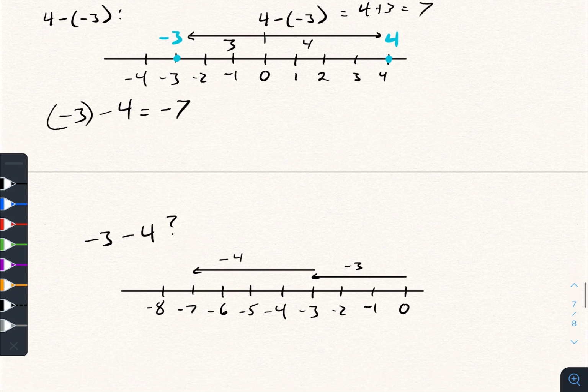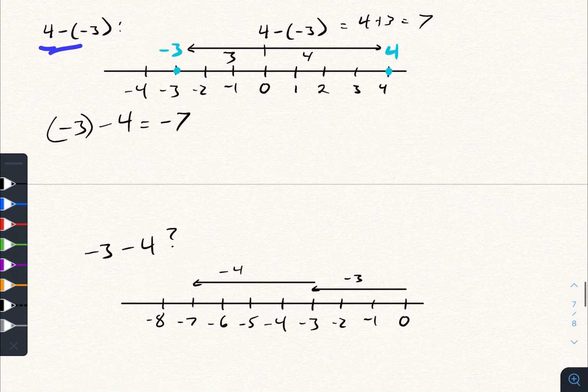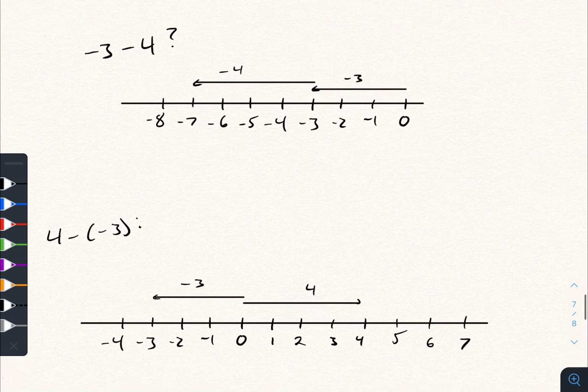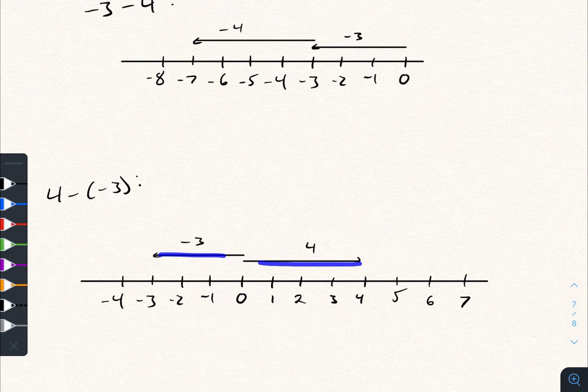And so how can we use the arrow approach for something like 4 minus -3, like our original problem here? So 4 minus -3, so here's -3, here's +4. What we want to do is start with +4, and then add the opposite of -3.